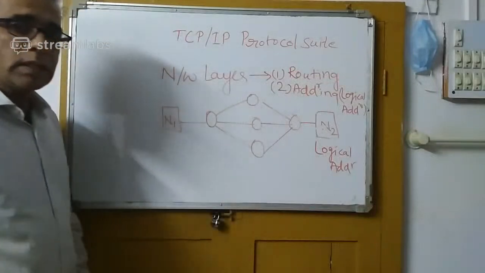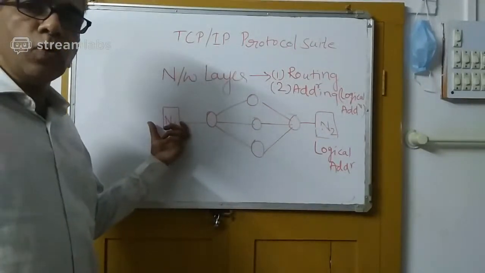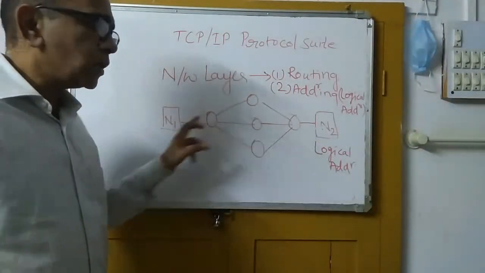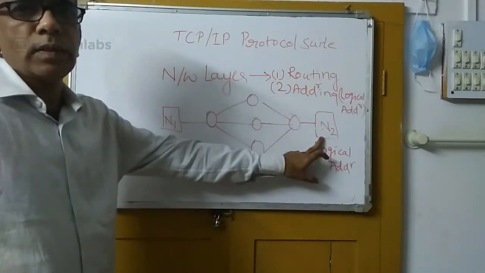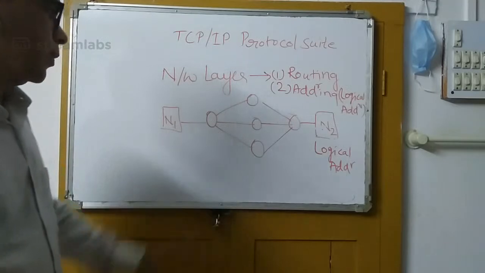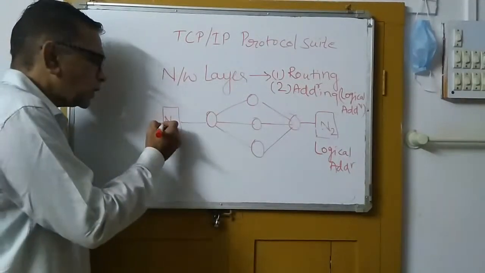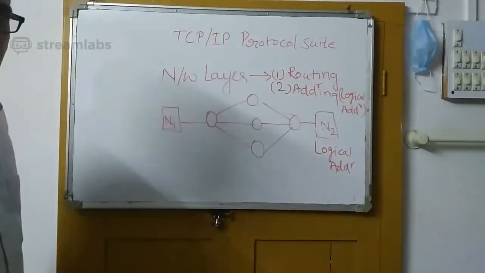That means the logical address of the receiver should be known to the sender to reach the receiver. Is it clear? I will also discuss how exactly N1 will come to know the logical address of N2.